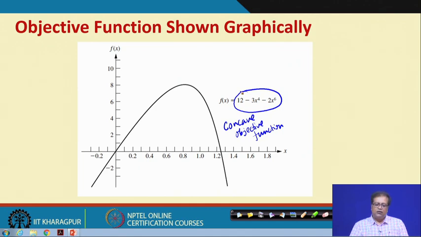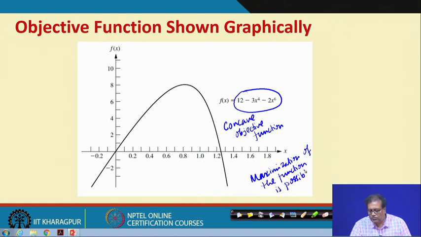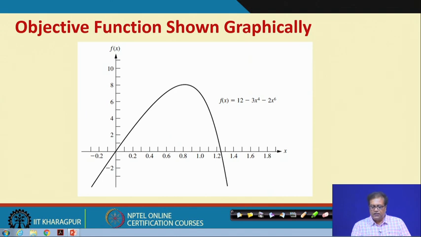So, since it is a concave objective function, maximization of the function is possible, because if we had a convex objective function, then there was no global maxima, that was not possible to find. So, that is a very important consideration that has to be seen first, right.